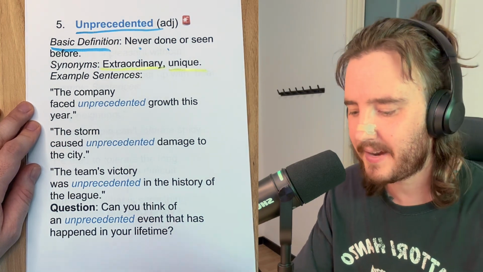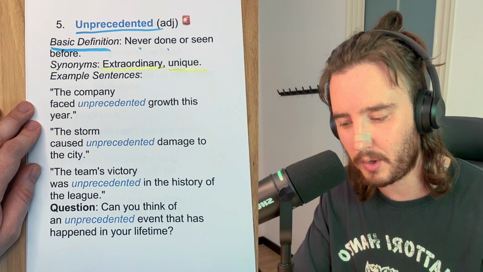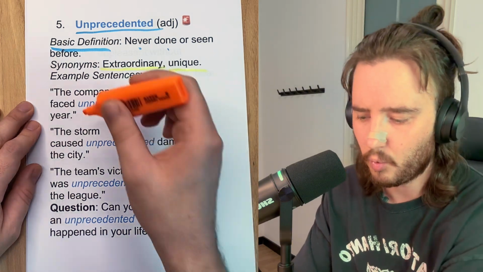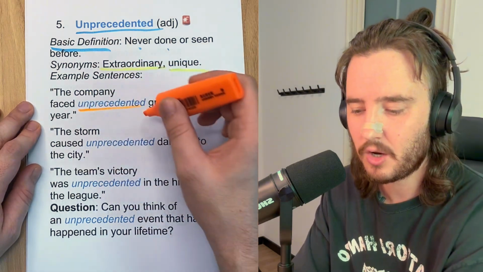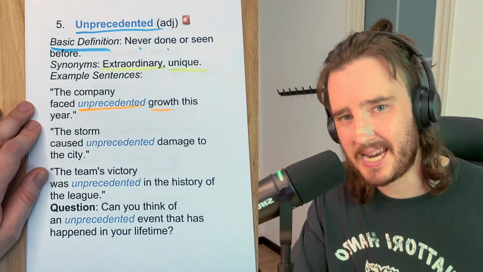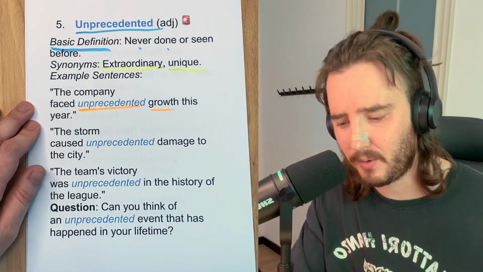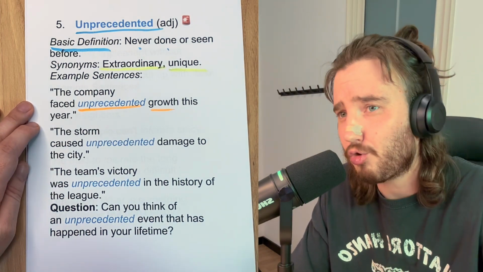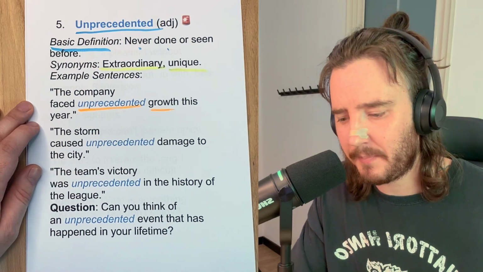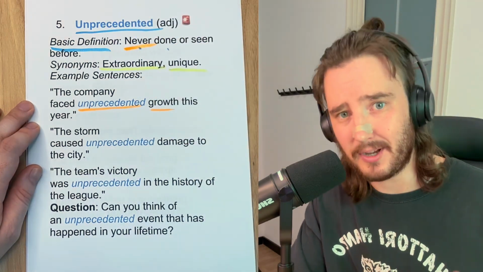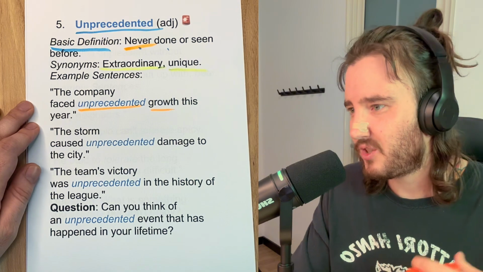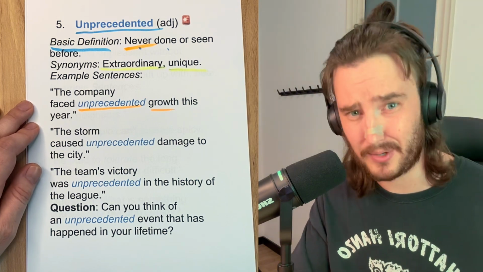The company faced unprecedented growth this year. So what is unprecedented? Growth that the company is experiencing, okay? So the company is growing like never before. It has never done this before. It has unprecedented growth, right?